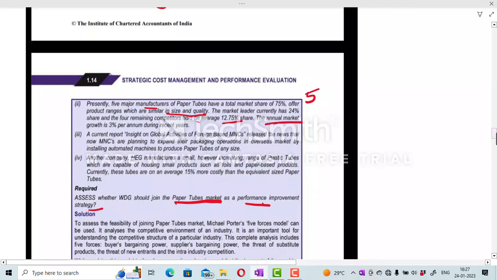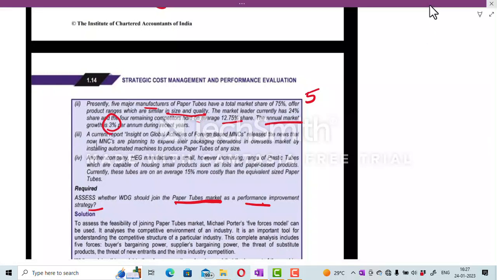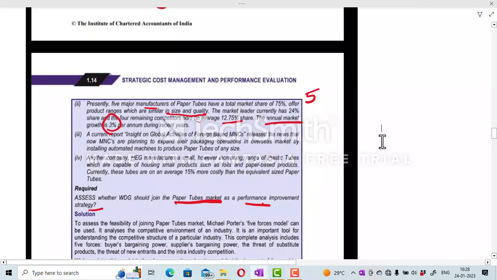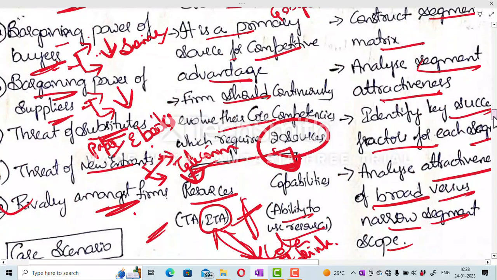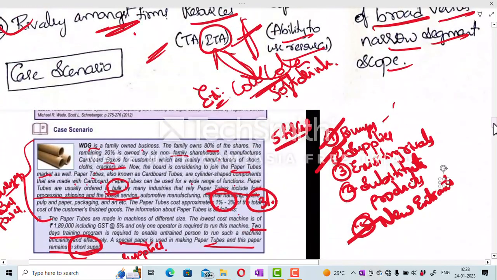Annual market growth is 3%, which is very low. As they are producing products of similar size and quantity, there is rivalry among existing competitors. See, rivalry among existing competitors is also fulfilled.